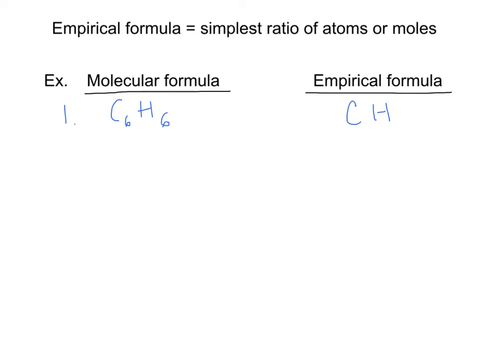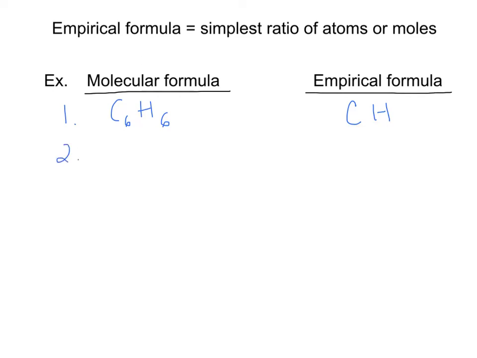The ones are invisible. Again, the simplest ratio of 6 to 6 is 1 to 1, so 1 C and 1 H. Now let's remember that these subscripts here, and the invisible ones here, they represent the number of atoms or moles. So we're talking about simplest ratio of atoms or moles of atoms.